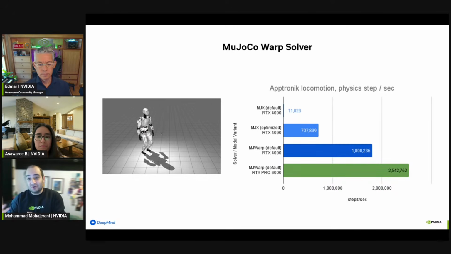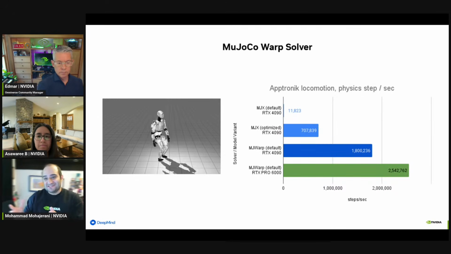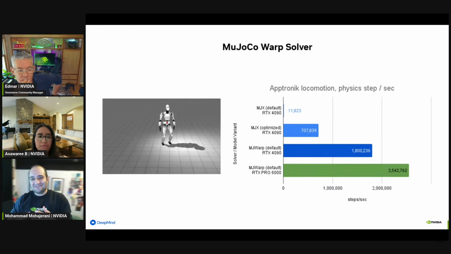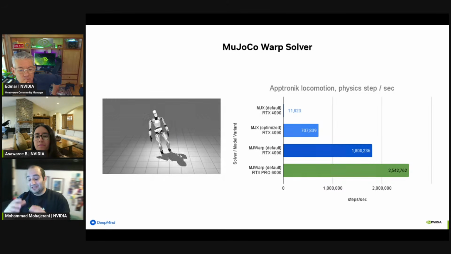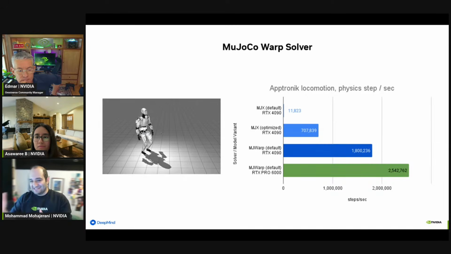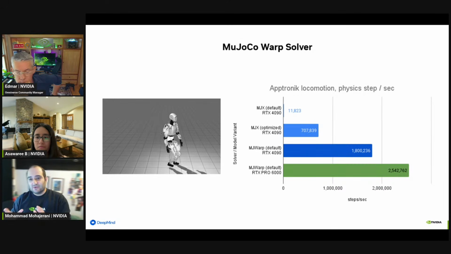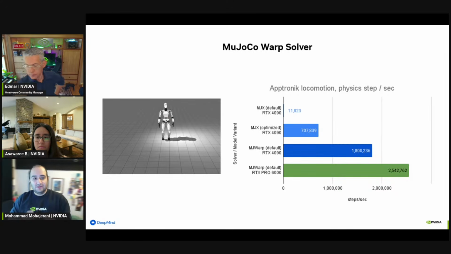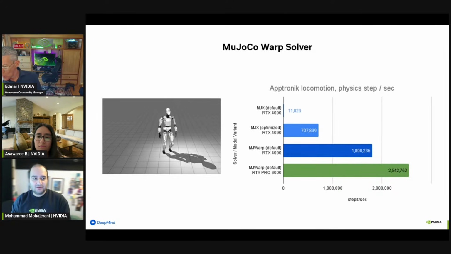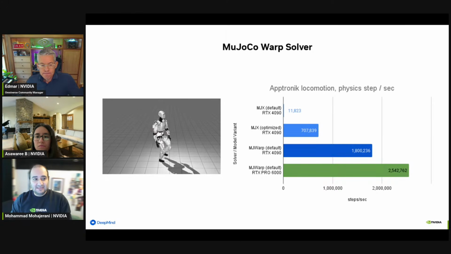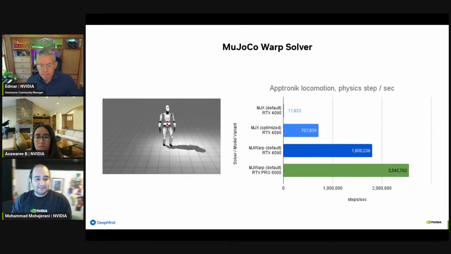It's closer to a pure function. In simulation there's a lot of logic, especially collision detection, contact generation, the solver aspects. Because of those reasons, they found out that Warp is more suitable, and they can get a lot of speed up. So here you see some of the comparisons that we've done on RTX 4090 and RTX Pro 6000, and you see MJWarp compared to MJX, massive speed up.